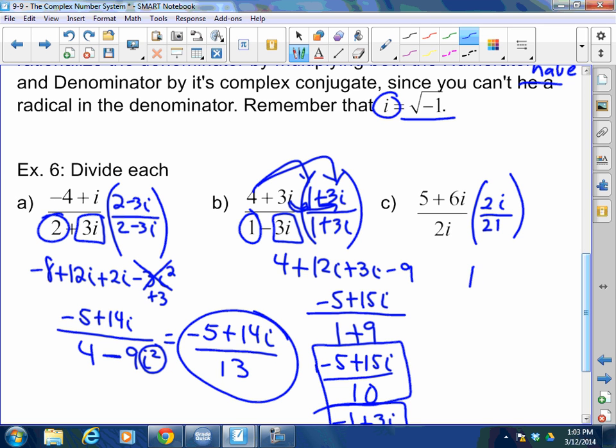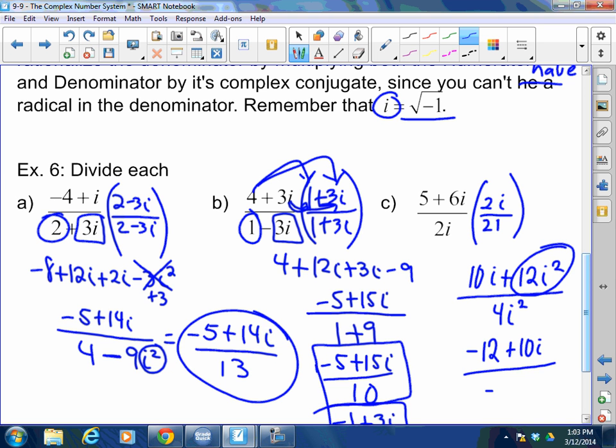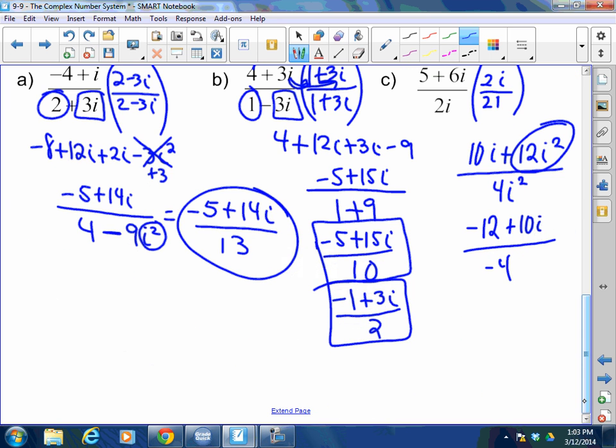So this is going to be 10i plus 12i squared over 4i squared. So this is negative 12 plus 10i over negative 4, which I can take a 2 out of everything. Negative 6 plus 5i over negative 2.